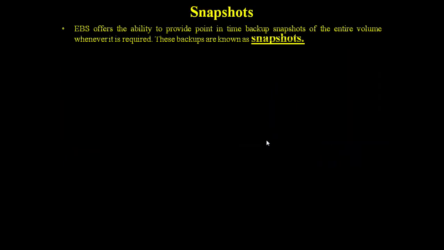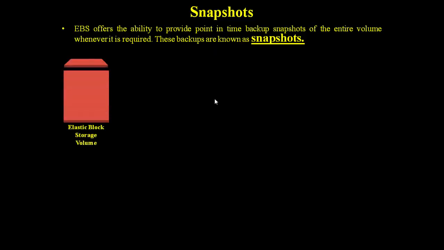Now next one is, what is a snapshot? This is very important to understand. EBS offers the ability to provide a point-in-time backup snapshot of the entire volume whenever it is required. So this backup is known as a snapshot. For example, we have an Elastic Block Storage volume. If you want a backup, or we can say the snapshot, of the entire volume, then you can take it at any point in time.